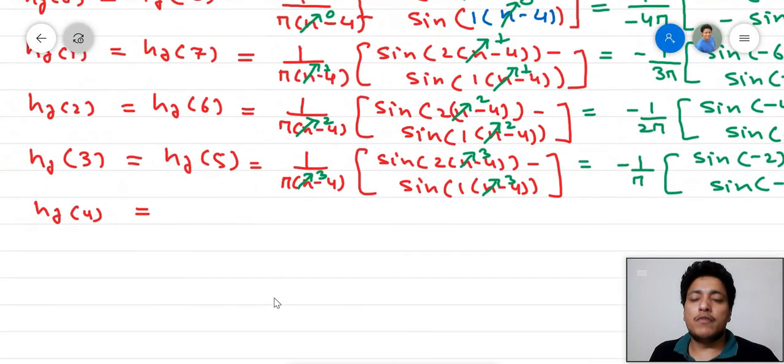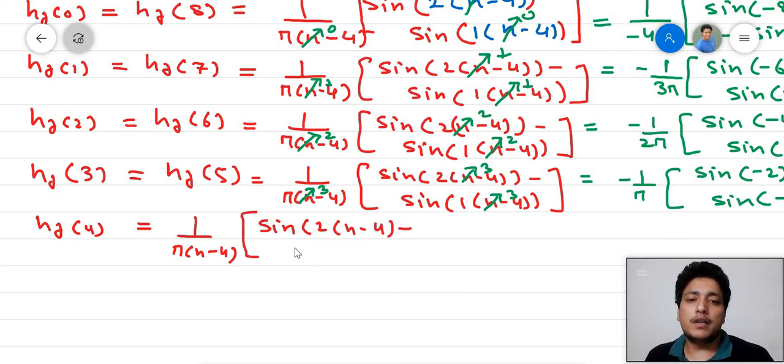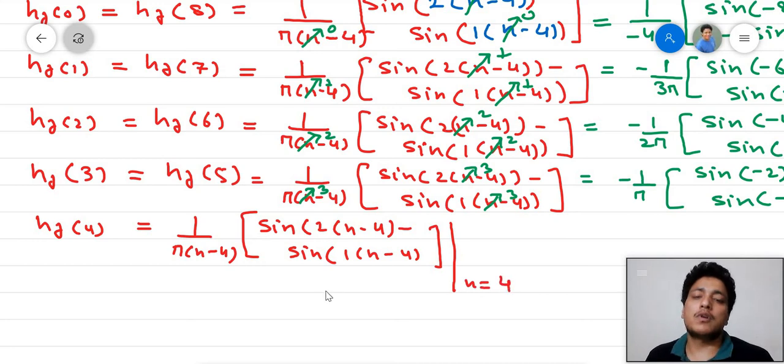Now we have to find out the center value, that is h_d(4) equals 1 by pi (n minus 4), sine 2 (n minus 4) minus sine 1 (n minus 4), at n equals 4. Now if you substitute n equals 4, this equation will go to 0 by 0 form.